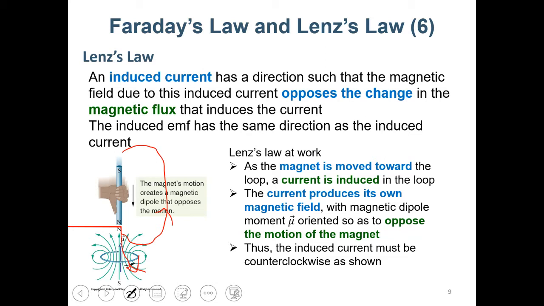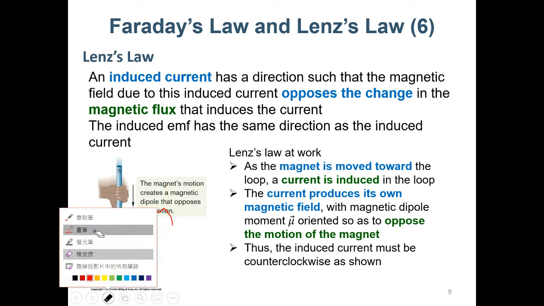And if it moves closer to this loop, the field will become stronger. So this loop will try to induce an electromotive force that will generate another magnetic field, which will counteract this change, which looks a little bit complicated.